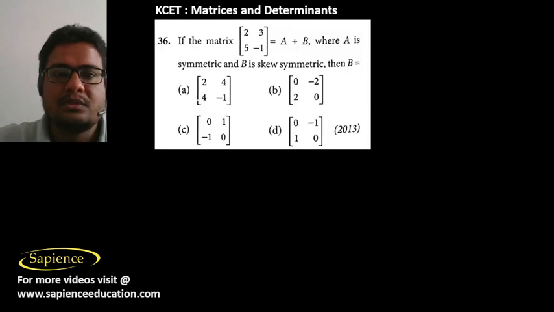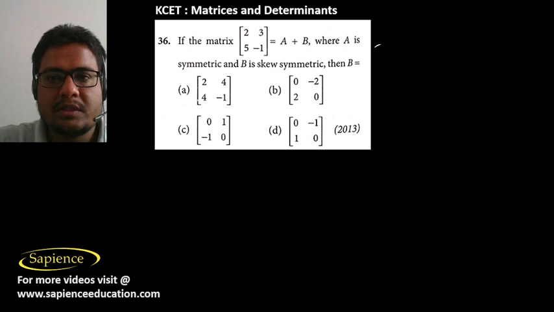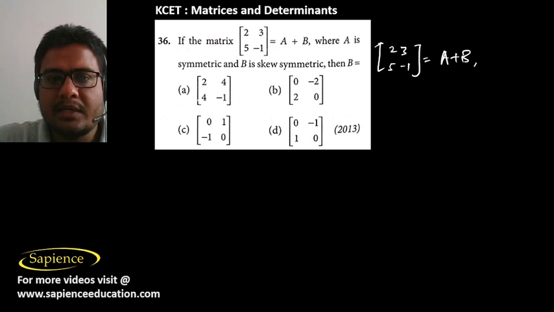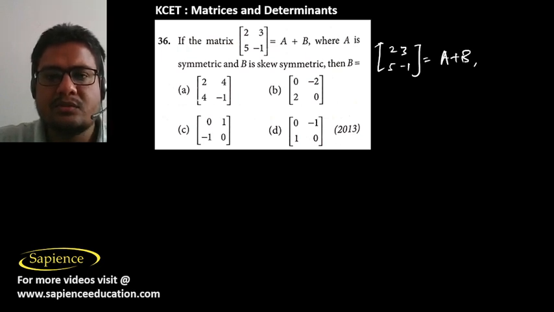Then question number 36, it is told if the matrix 2, 3, 5, minus 1 is equal to A plus B, where A is the symmetric matrix and B is the skew symmetric matrix, then B is. So we know that any matrix C can be written as the sum of a symmetric and a skew symmetric matrix.